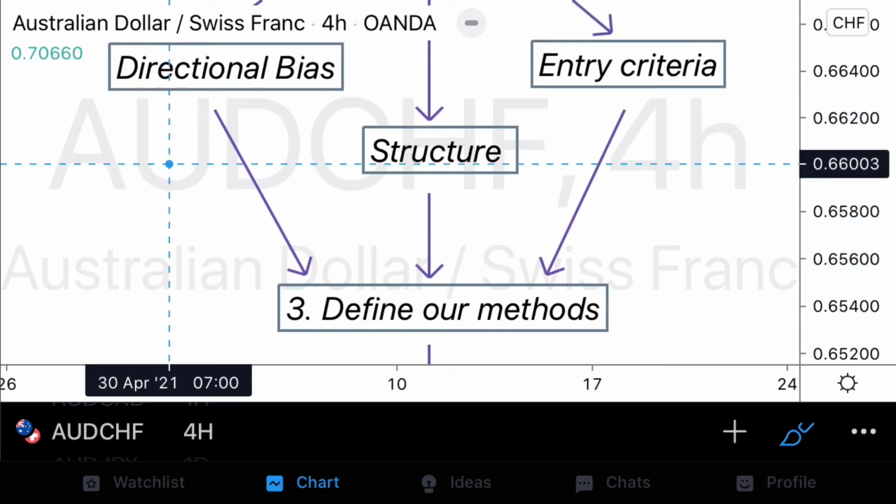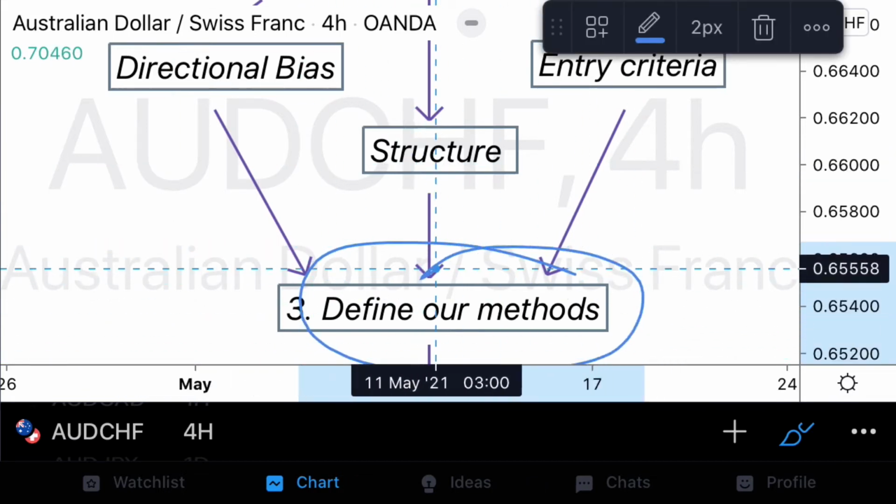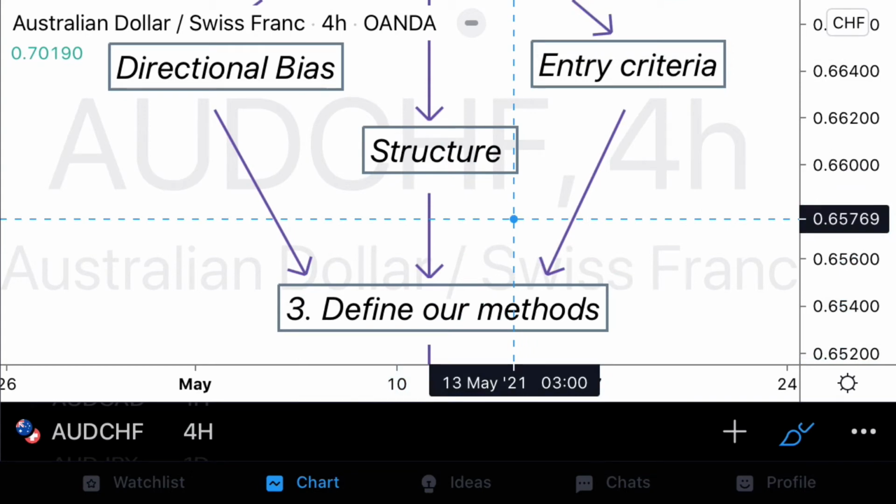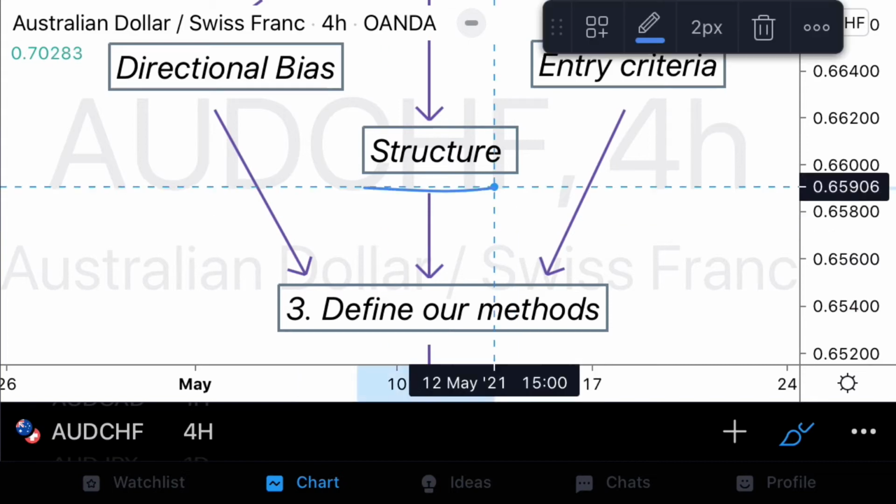In my case, I use market structure to determine my directional bias as to where my higher time frame is going. Next, we want to define our methods that we use for looking at structure. Now, simple guys, I use my horizontal support and resistance, as well as my trend lines to determine my structure.